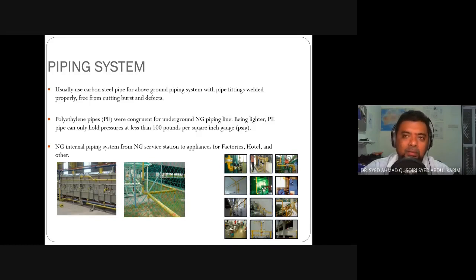So we don't need to install a steel pipe, but the use of polyethylene pipes would suffice. Natural gas internal piping system goes from the natural gas service station to appliances. It's not just natural gas; even for LPG gas facilities, the internal piping system would usually also be made from steel pipes.